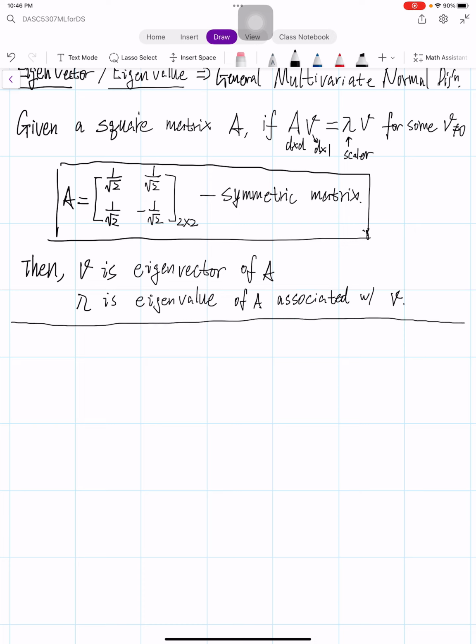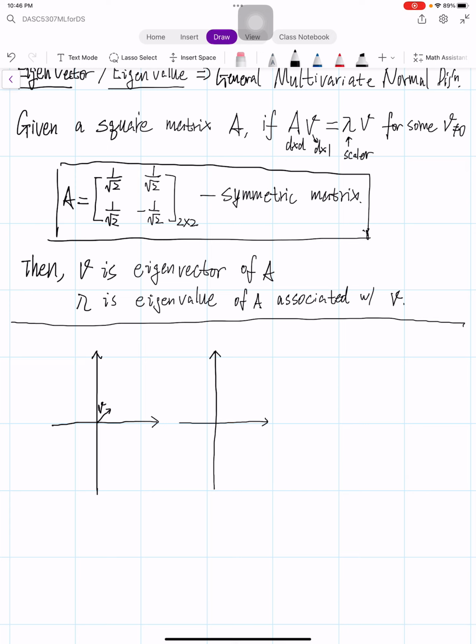So what does that really mean? Actually, there is a geometric interpretation. Each vector, you can think of it as a vector in the xy plane. So suppose this is a vector nu. In general, a matrix times a vector represents either a rotation or a stretch of your vector.